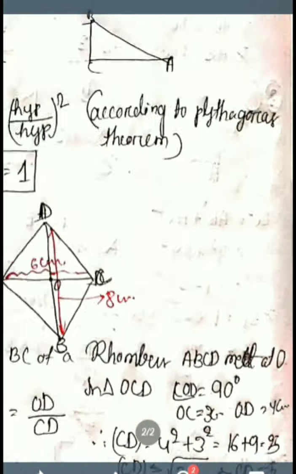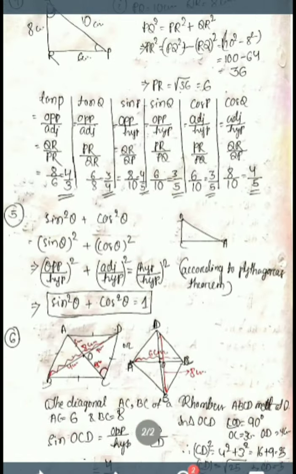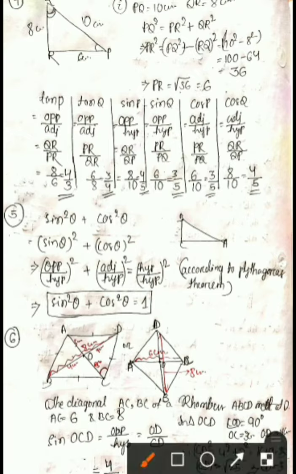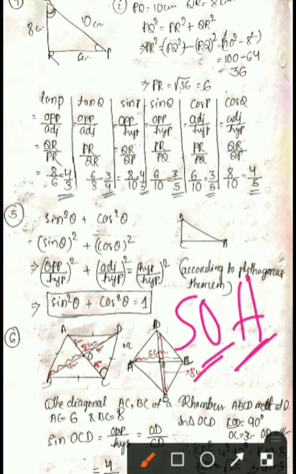Now easily you can write the value of sine angle OCD. Sine angle OCD equal to opposite by hypotenuse, because according to the term SOHCAHTOA, SOH, sin theta equal to opposite by hypotenuse.